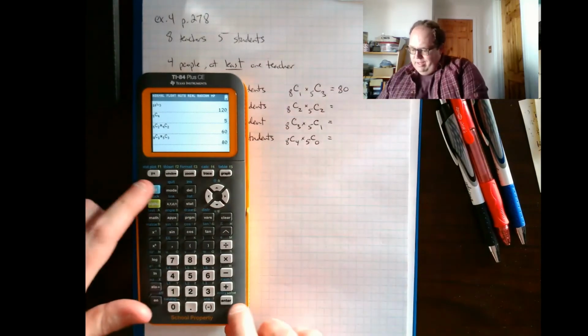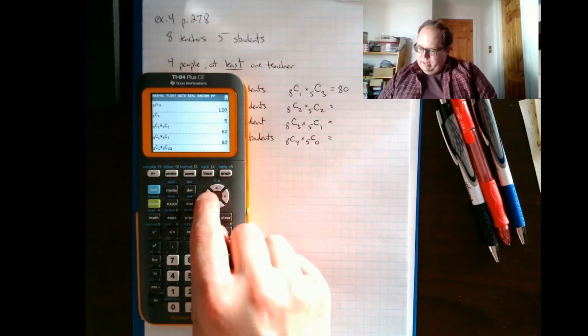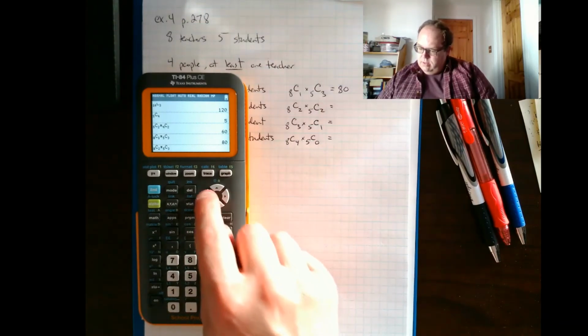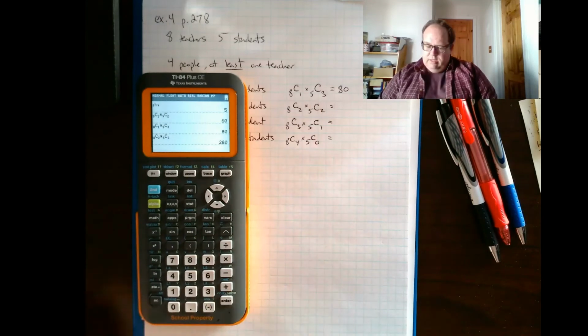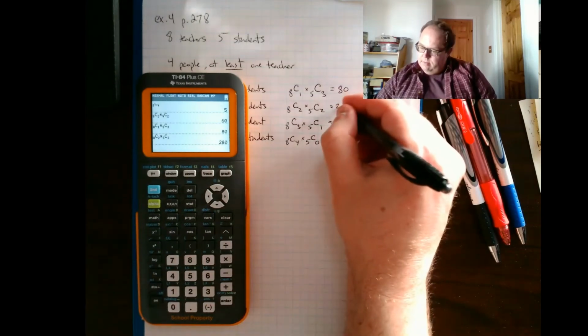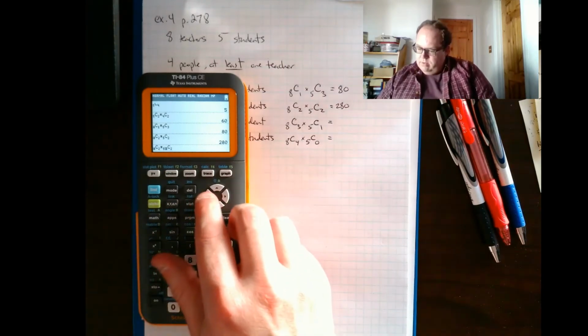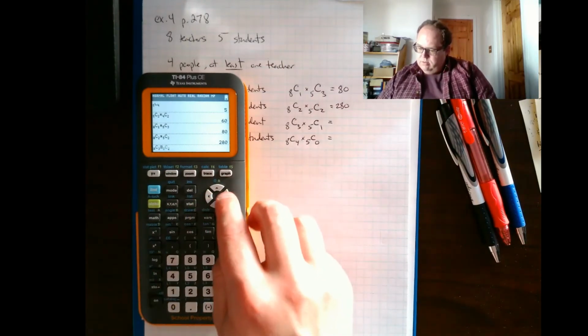Now I can go through all that again, or I can just do second entry to bring up the last entry and change that to a 2, and that to a 2. Excuse me, 280. Once again, changing just those two numbers.